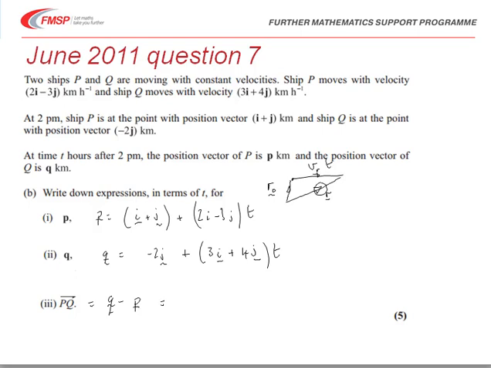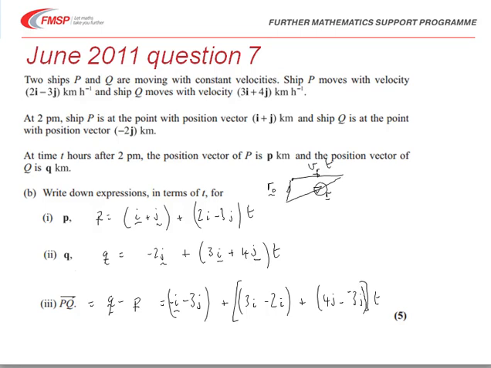If we do that, we get minus 2j and then minus j from above, so minus 3j, and in the i component we're going to have minus i, so minus i minus 3j, and then those that are multiplied by t, we have 3i minus 2i, and also 4j minus negative 3j, and they will be multiplied by t.